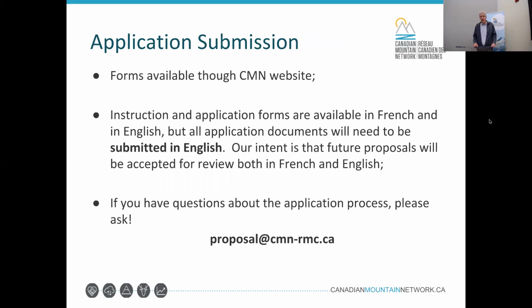The forms will be available on the Mountain Network website. The instructions and application forms will be available in French and English, but we're requiring this time that all of the application documents be submitted in English only. We're not quite able to function fully bilingually, and our intent is that future proposals could be accepted for review in both English and French.